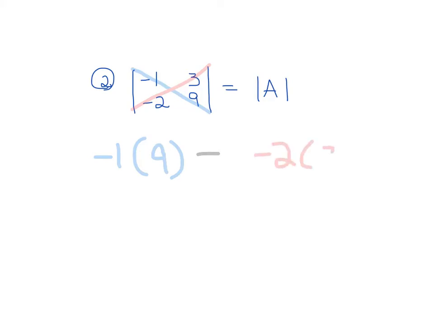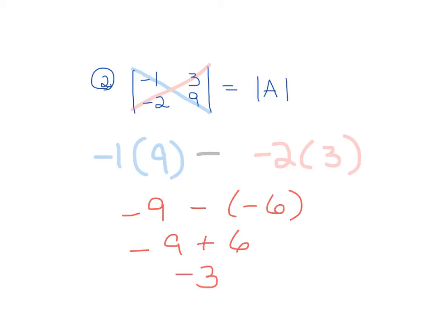So negative 2 times 3, and I end up with negative 9 minus negative 6. Negative 9, keep flip change here, and I get negative 3.